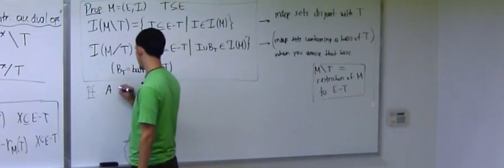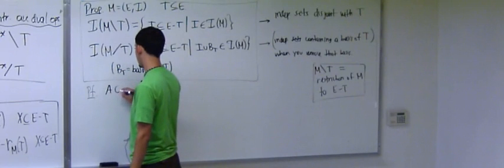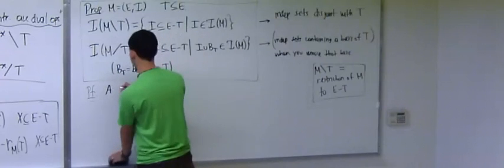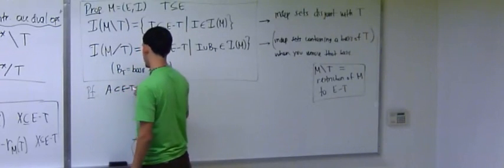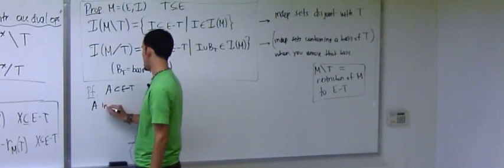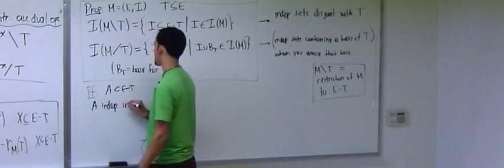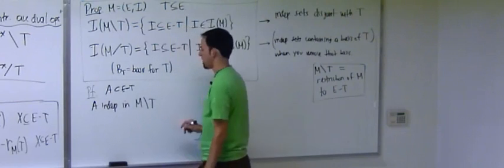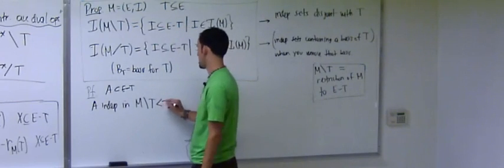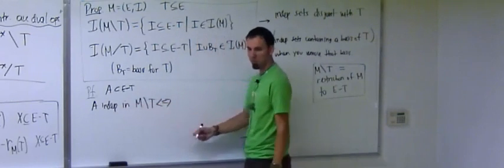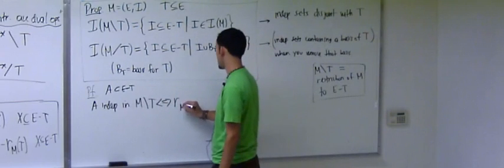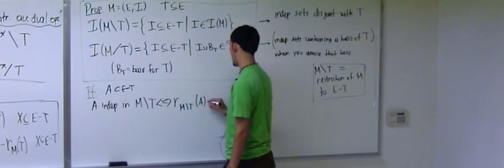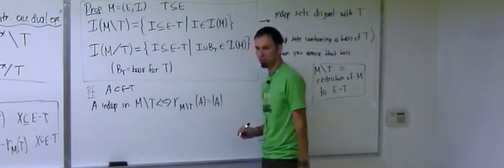Let's say that we take some set A in E minus T. When is A independent in M delete T? Well, what you need for a guy to be independent is for the rank to be the same as the size, right?